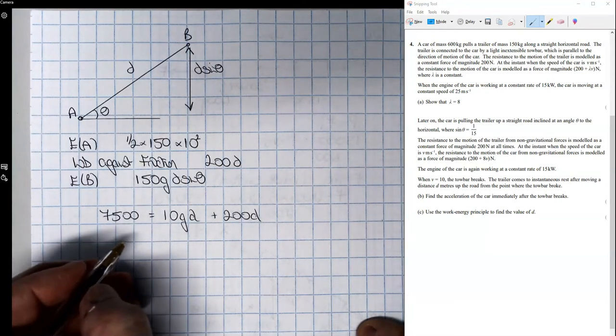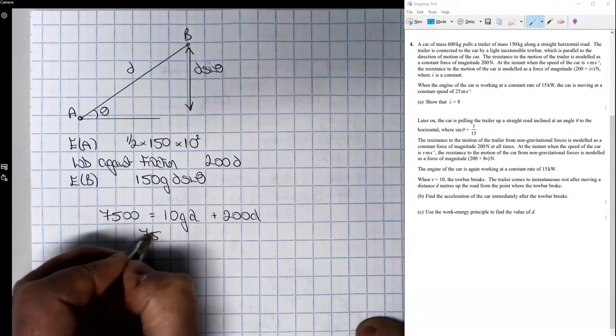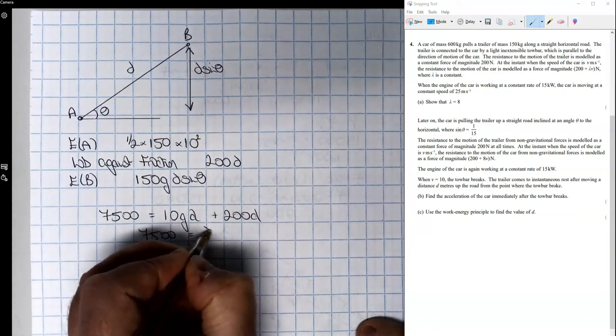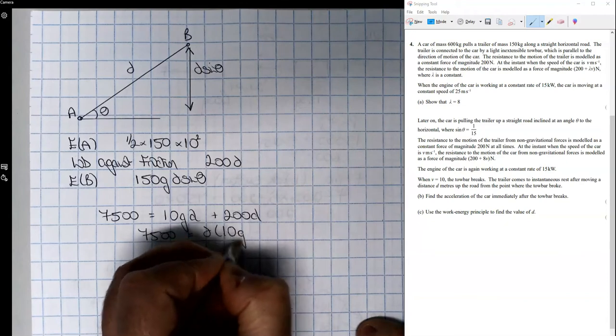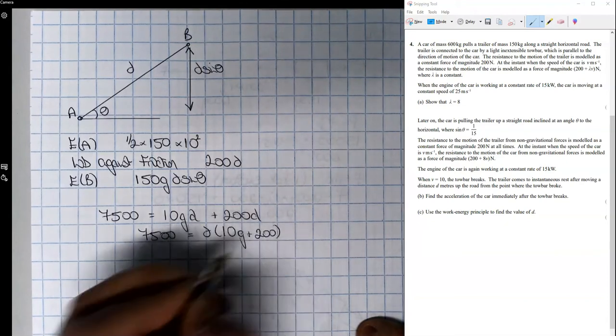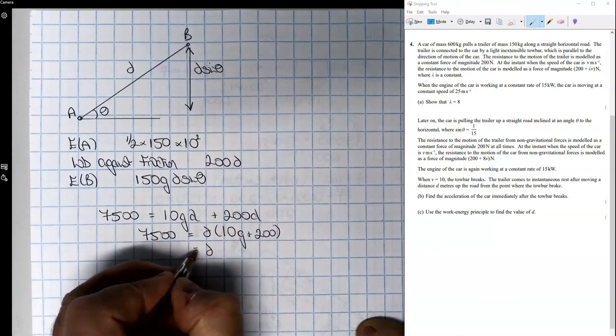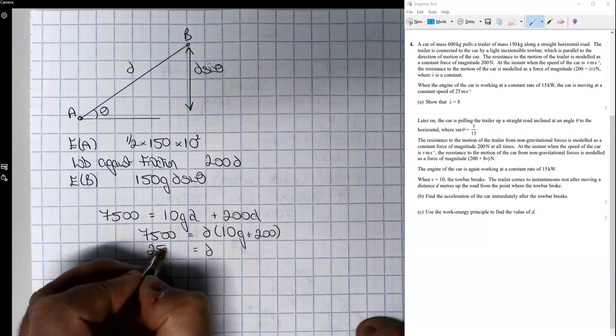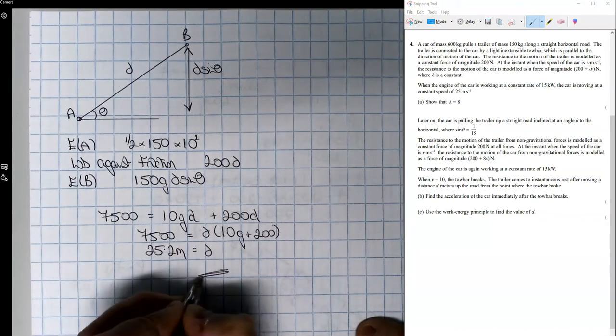Okay, and then I get 7500 is D times 10G plus 200, and that gives me D equals 25.2 meters.